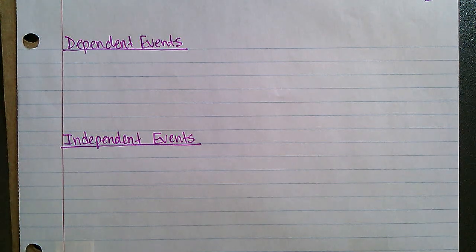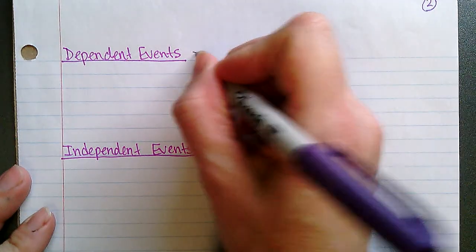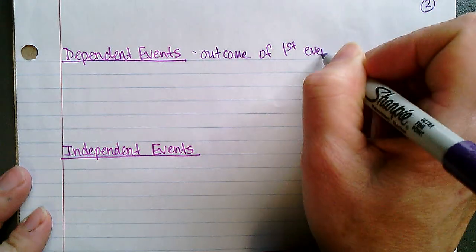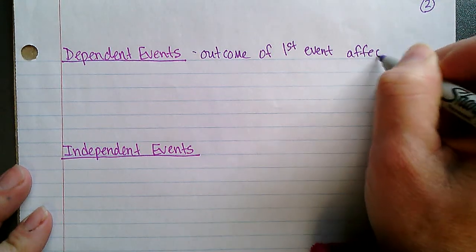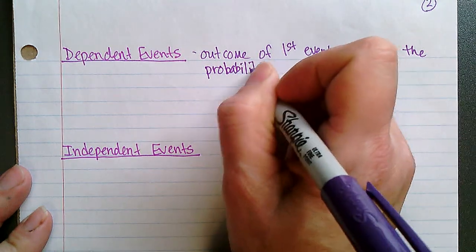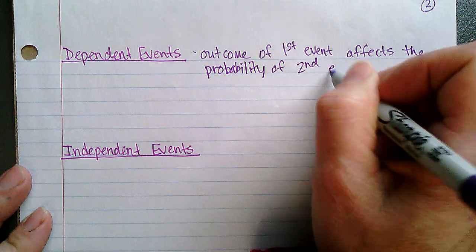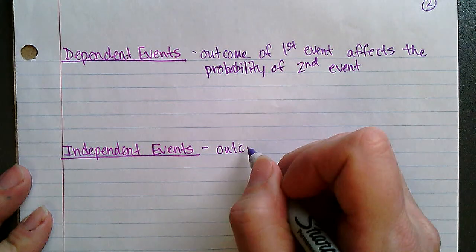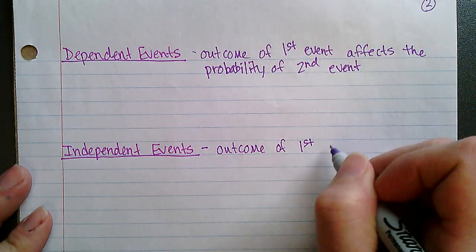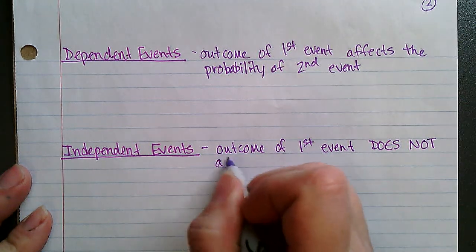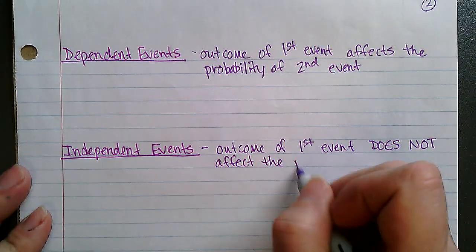Dependent events would be when we have a series of different events happening in which the outcome of the first event affects or changes the probability of the second event, versus independent events where the outcome of the first event does not affect the probability of the second event.